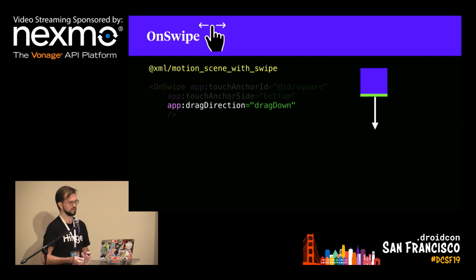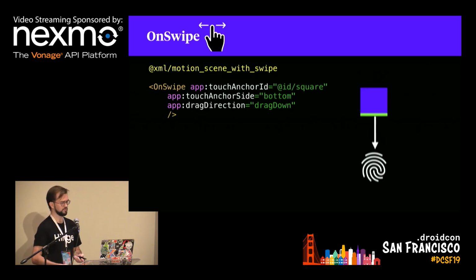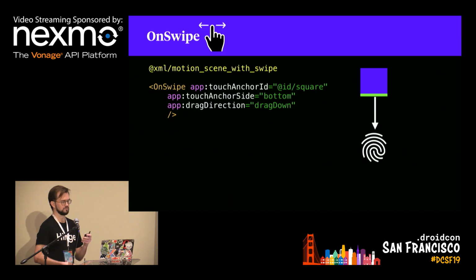So if I say bottom side, drag down, then when I put my finger on the page and I move it around, it's going to try to keep the distance between my finger and that side as a calculation to guide the progress of the animation, and therefore the view looks like it's moving with my finger, and it does so very well.